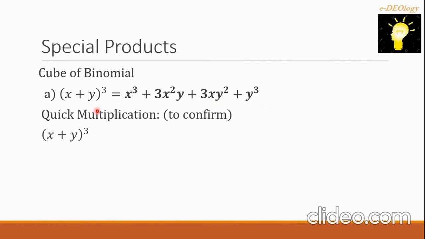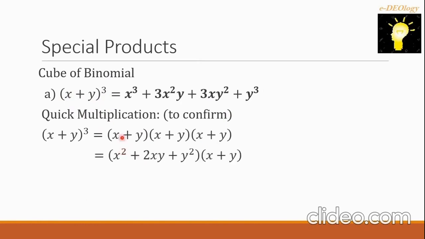Now let us have a quick multiplication to confirm this product. So I copied the x plus y raised to 3. And we know by long multiplication, we can write x plus y times x plus y times x plus y.